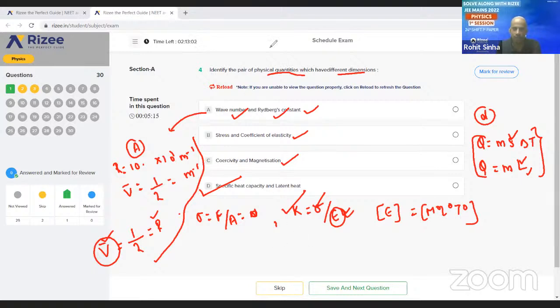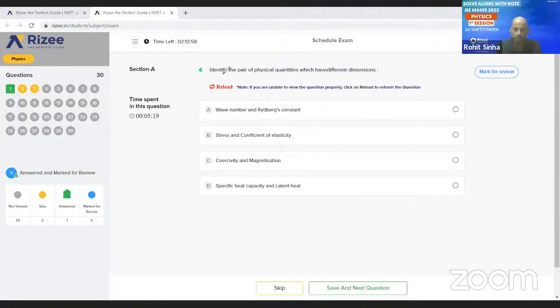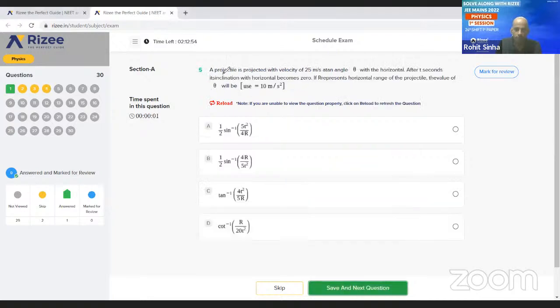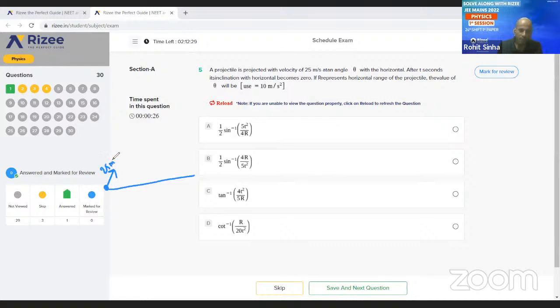Okay, now let's go to our next question. It is telling that a projectile is projected with velocity of 25 meter per second with an angle of theta.